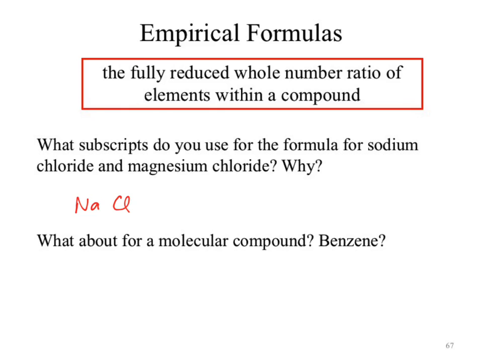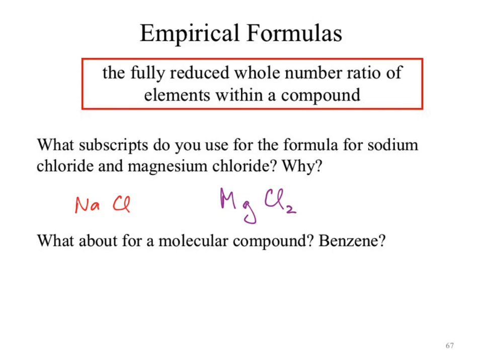If I do that for magnesium chloride, I get MgCl2. I need 2 chlorides to balance that out. So the same idea, I boil that all the way down to the bare bone structures for that compound. And that's because as an ionic compound, we alternate those ions all the way out to the entire structure, very regular format, and we can predict all of that.